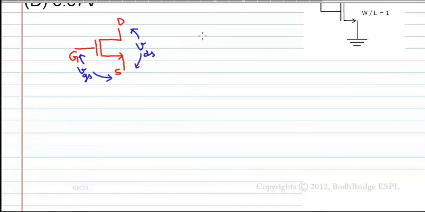In this MOSFET, the current flows from drain to source. The gate current Ig is always 0 in a MOSFET. The whole drain current will go to the source. Therefore, Id equal to Is.